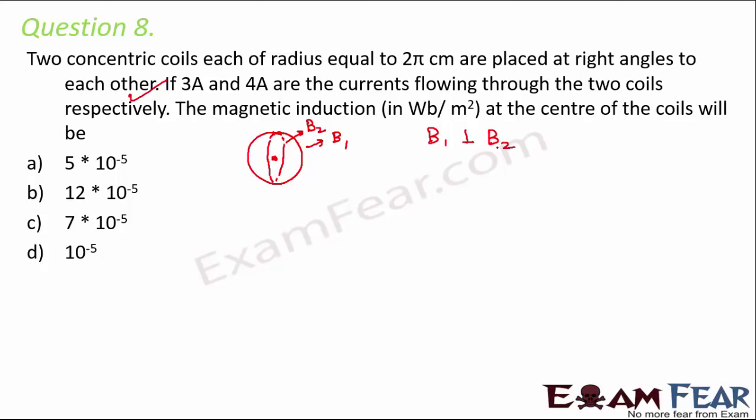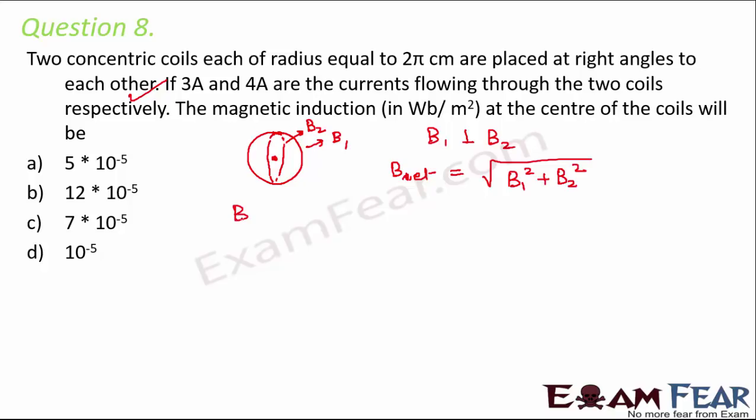Because how do you find the direction of magnetic field at the center of a circular coil? It is always perpendicular to the plane of the circular coil. Considering that also, B1 and B2 will always be perpendicular to each other. Therefore, the net magnetic field at the center will be equal to root over B1 square plus B2 square.